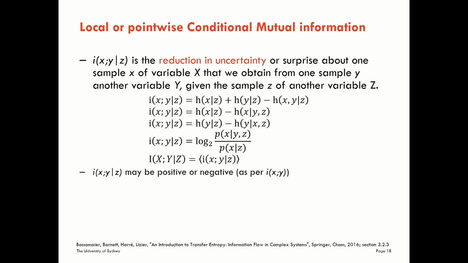And again, the pointwise conditional mutual information terms may be positive or negative in a similar fashion to how the pointwise mutual information terms were positive or negative before. And of course, our average conditional mutual information must be equal to the ensemble average of the pointwise conditional mutual information terms.